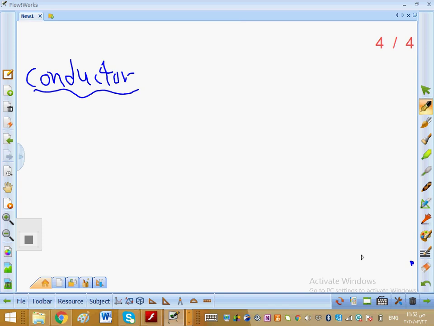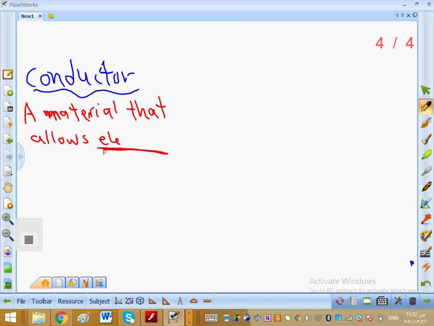So again, a conductor means a material that allows the flow of electric charges.